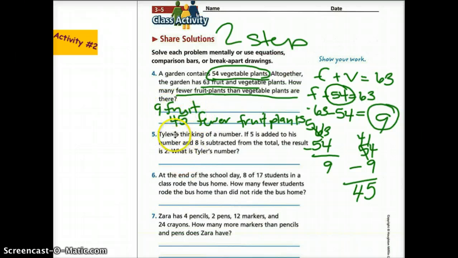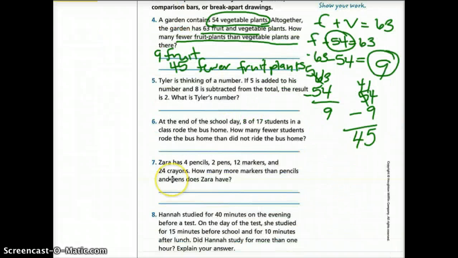Okay. All right, go ahead and work on 5, 6, 7, and 8 on your own. When you are finished, raise your hand. You need a star. And then we are moving on to homework.